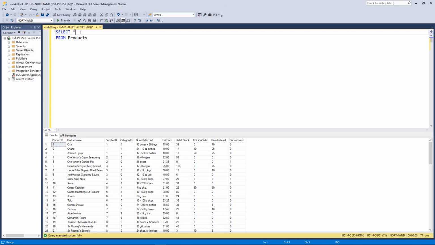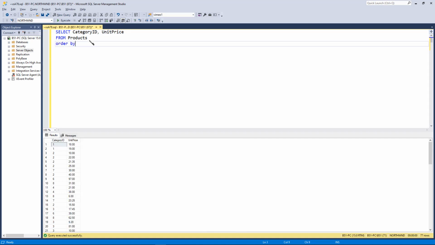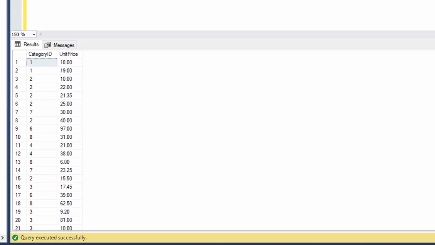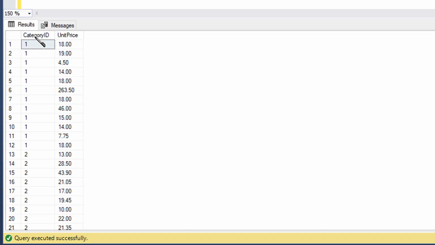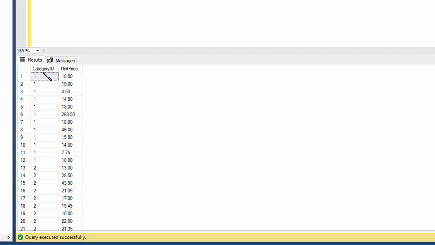So let's write the category ID and the unit price. If we order it by the category ID, we see that we have 12 rows of category 1 and a lot of unit prices. We want to make an average of all these unit prices, so we want to aggregate them by the category ID.